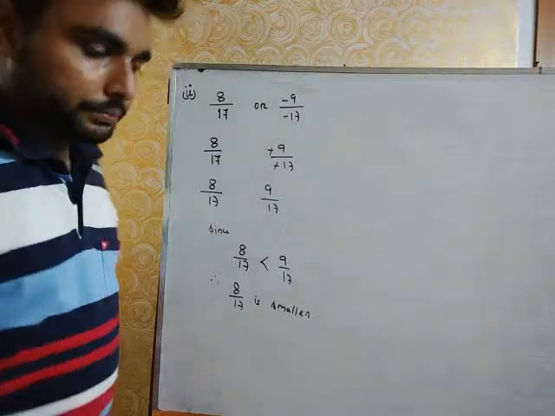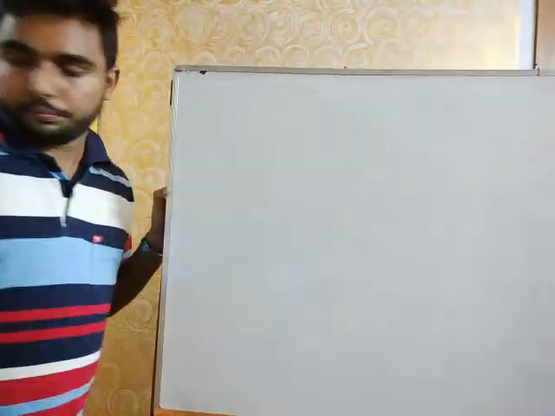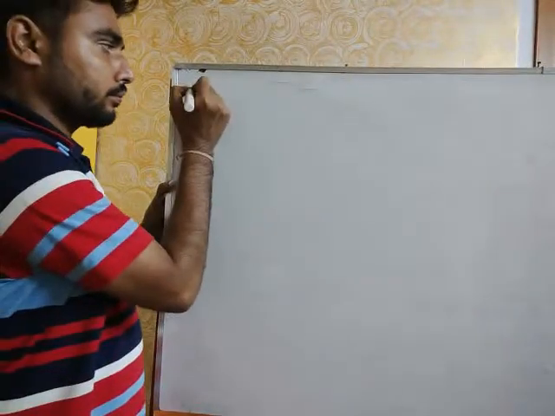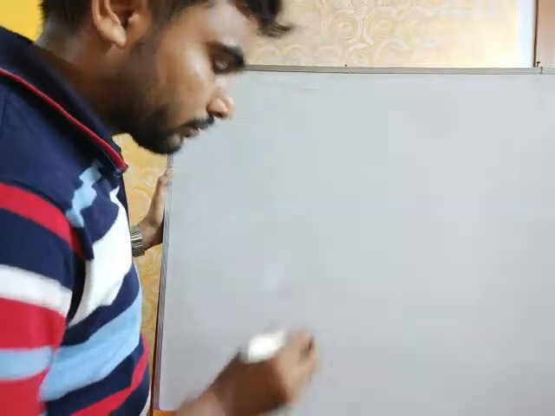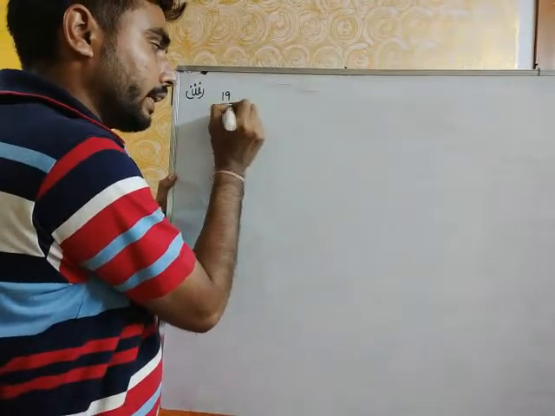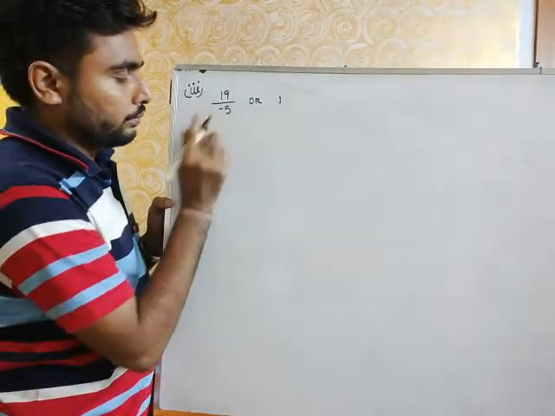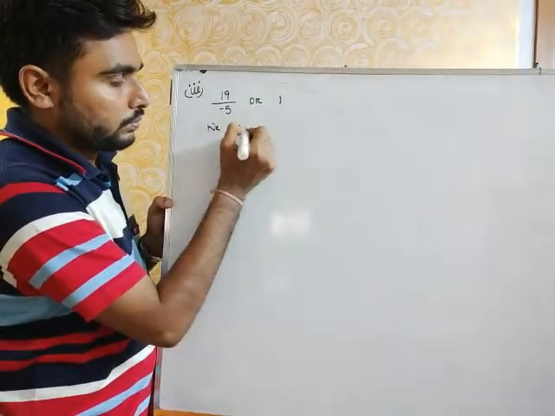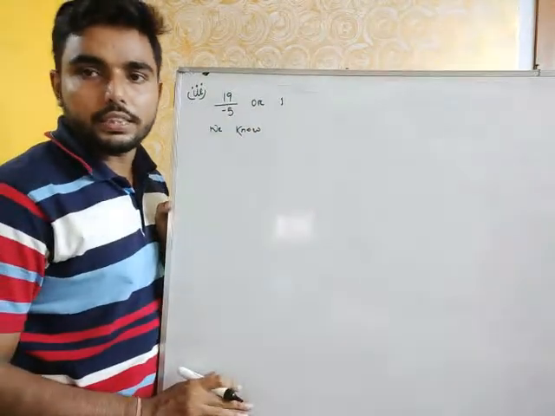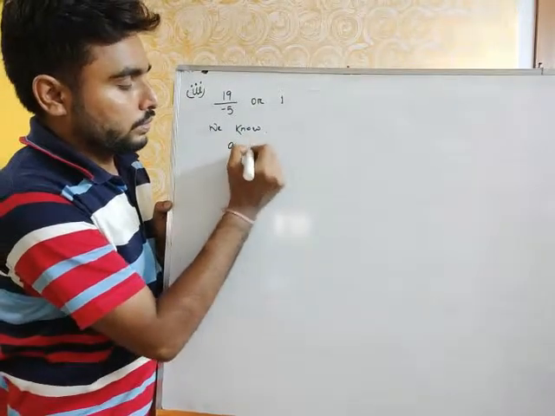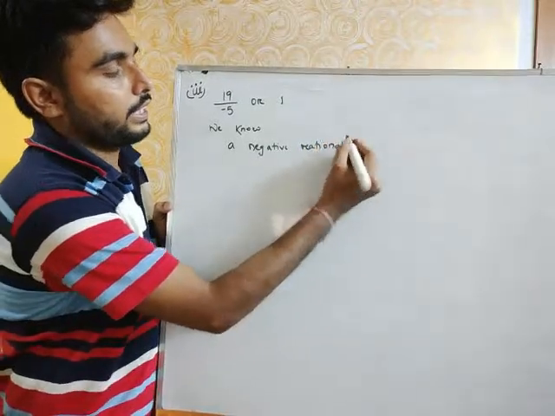Let's see number 3 then. Minus 9 by 5 or plus 1. So we know a positive rational number is greater than every negative number, isn't it?